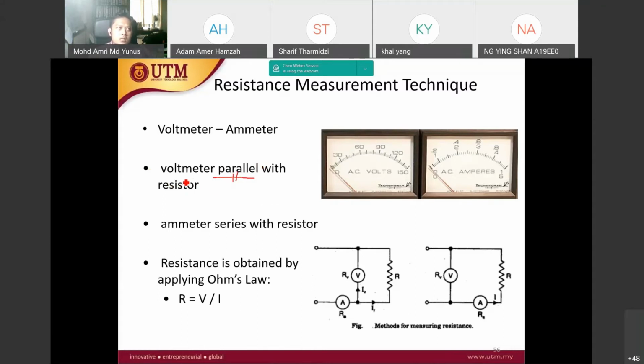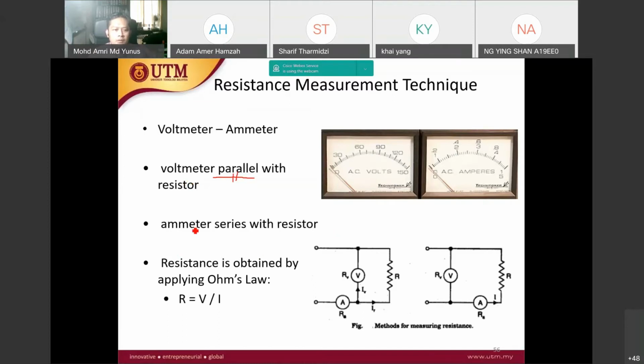If we check the position of the voltmeter, it must always be in a parallel position, but it must not be in series.